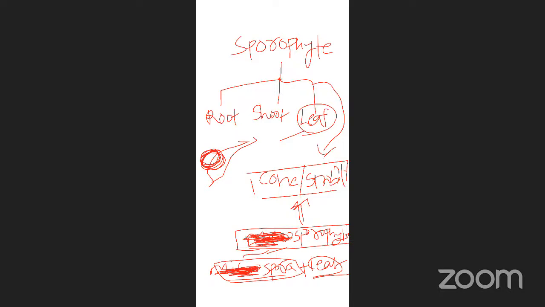This is the sporangium. Sporangium plus leaf is called a sporophyll. The group of sporophylls is called a cone, right? Is the cone formation clear? Yes, sir.